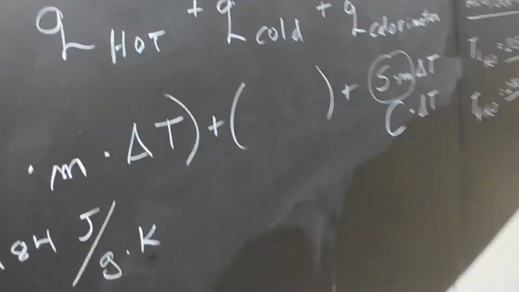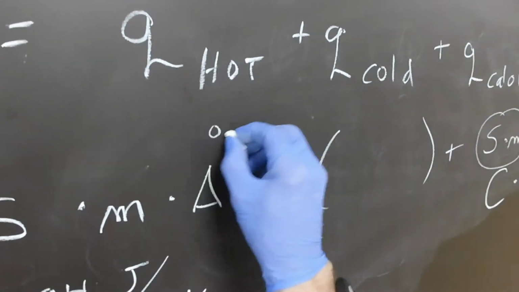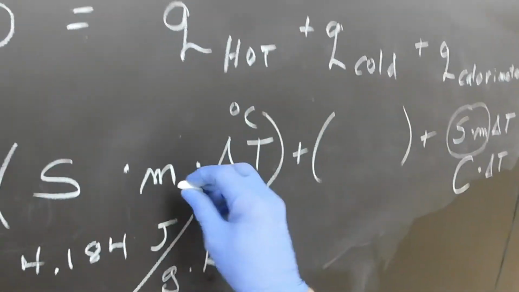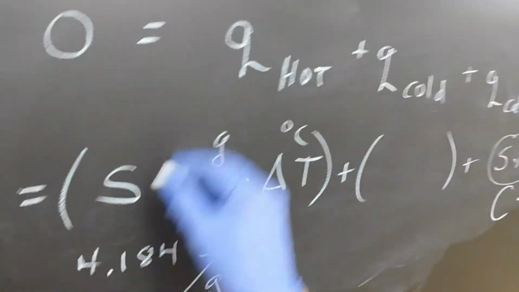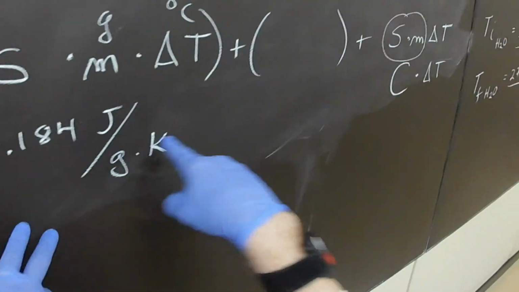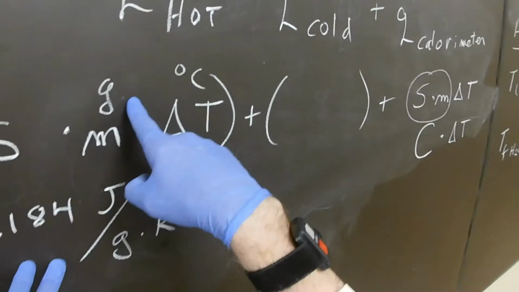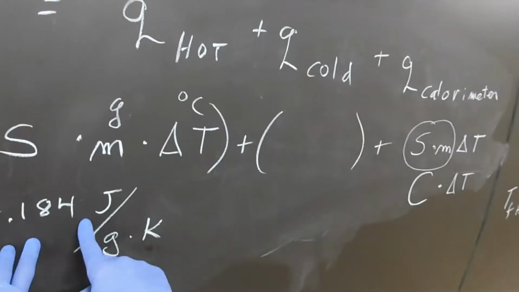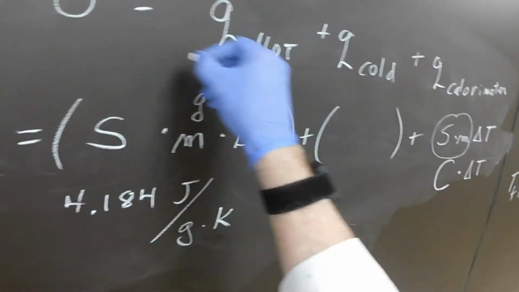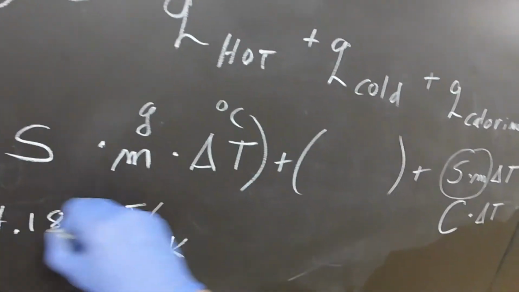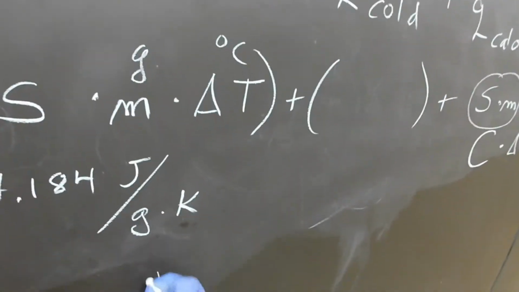times delta T. Now what are the units of measure here? Well, this is degrees C, or K. This is grams. And this is these units. So these degrees cancel, the mass cancels, and you're left with joules, right? So the unit of measure for this term is joules.